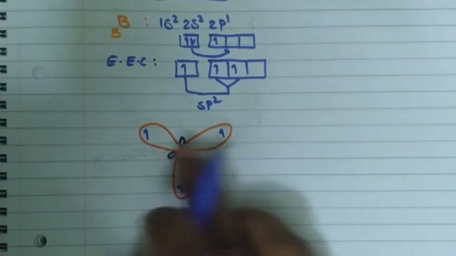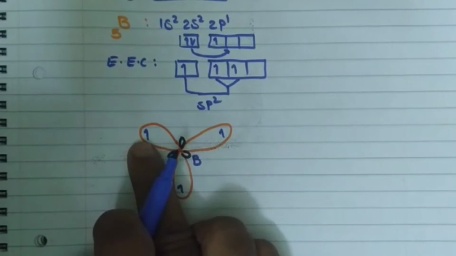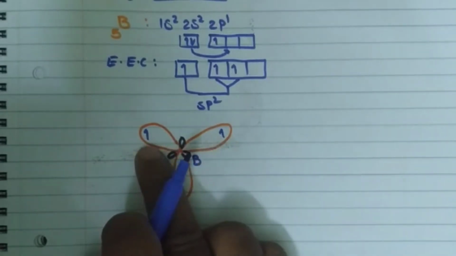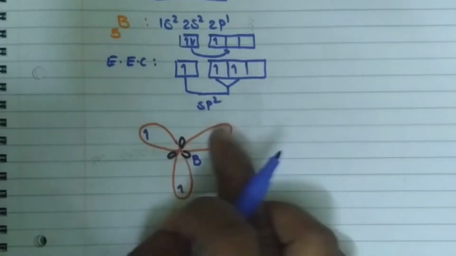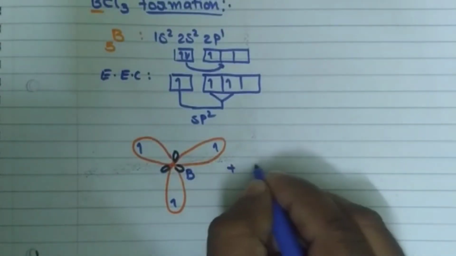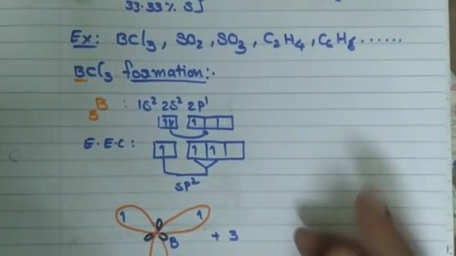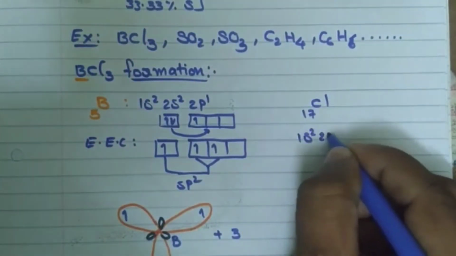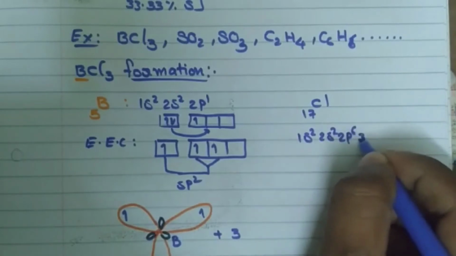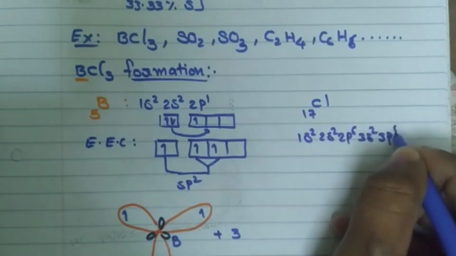To become stable, this boron atom combines with 3 chlorine atoms. The chlorine atomic number is 17, and its electronic configuration is 1s2, 2s2, 2p6, 3s2, 3p5.